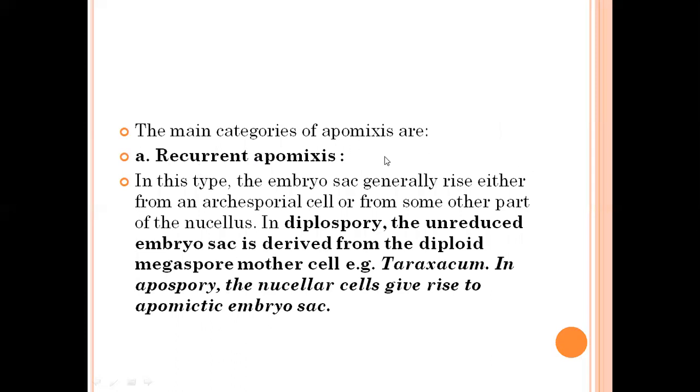The main categories of apomixis are: first, recurrent apomixis. In this type, the embryo sac generally arises either from the archesporial cell or from some other part of the nucellus. In diplospory, the unreduced embryo sac is derived from the diploid megaspore mother cell, for example Taraxacum.